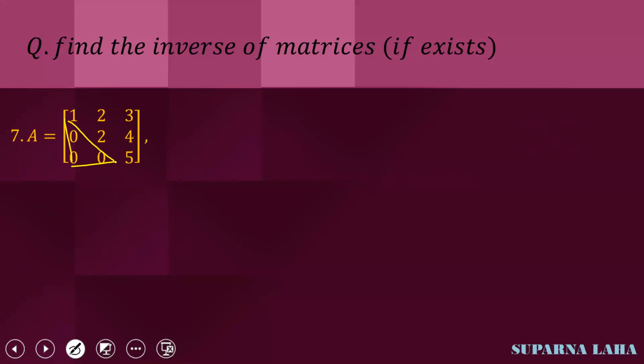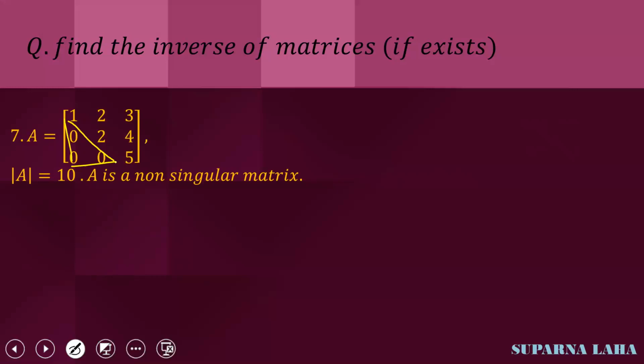The determinant value is 10, since 1 into 2 into 5. You know that we just need to multiply the diagonal elements if any triangular matrix is given. So finding its determinant value is just multiplying its diagonal elements. Maybe it's upper triangular, maybe it's lower triangular. So just multiply it. So 5 twos are 10. So definitely it will be a non-singular matrix.